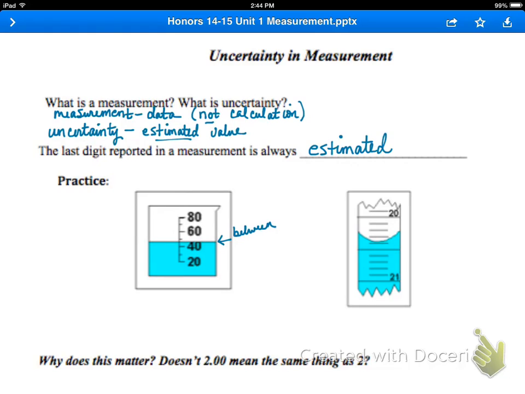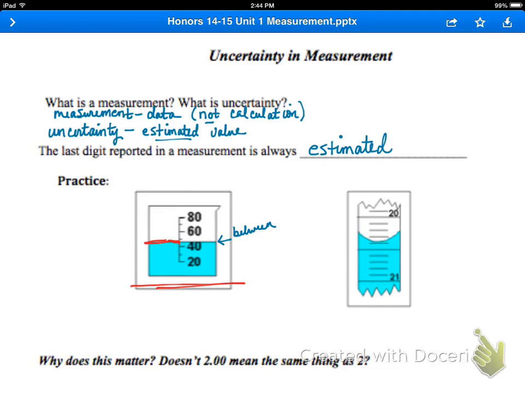So if I have a beaker and my water line falls right here, I know that that volume is between 40 and 50 milliliters. But I have to estimate how far between 40 and 50. Is that 45? Is that 47?